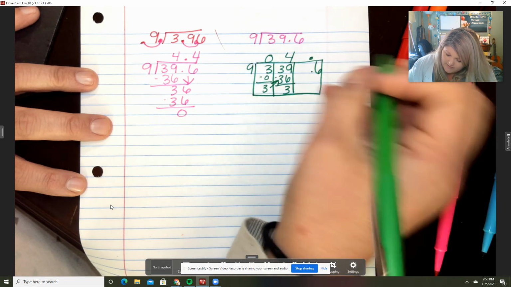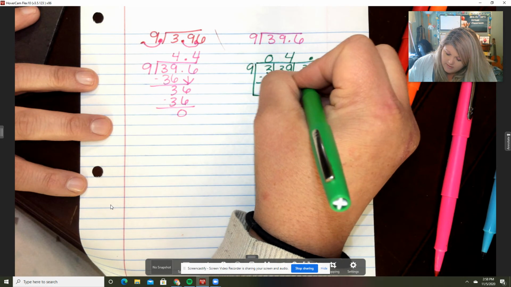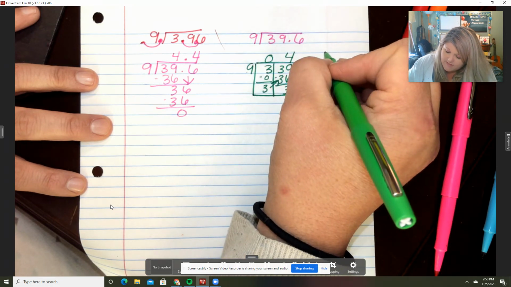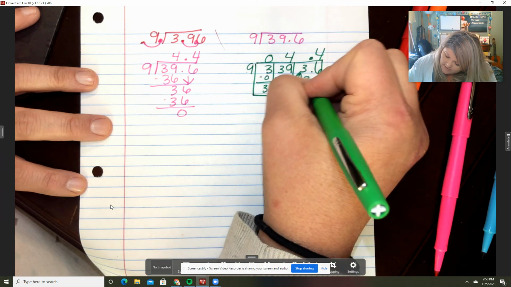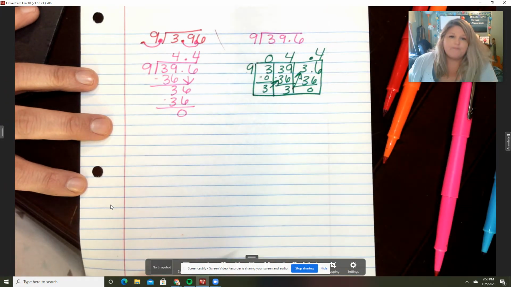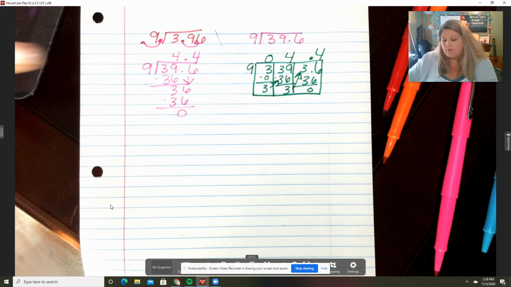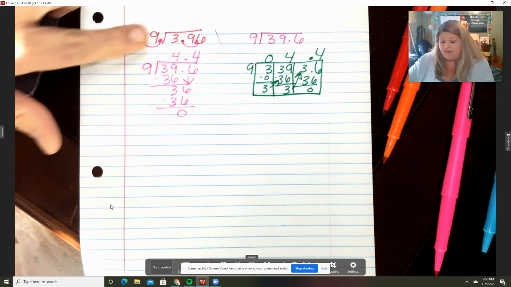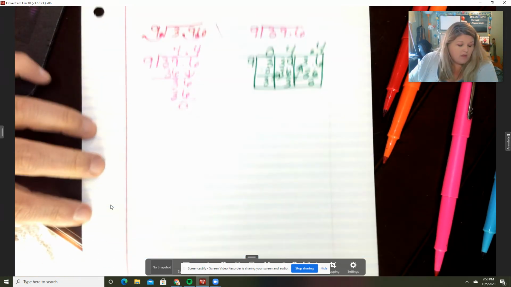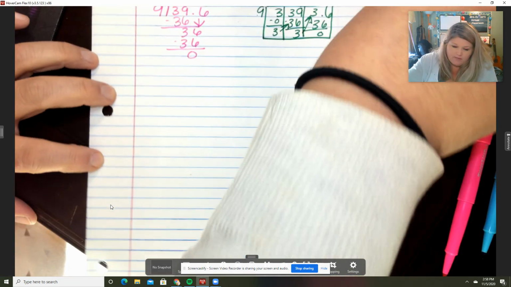I subtract, and that's a 3. 9 goes into 36 4 times. 4 times 9 is 36. And you're done. Okay, so just remember to move the decimal to get rid of it on the divisor side. That's the divisor. All right, let's do our last one.